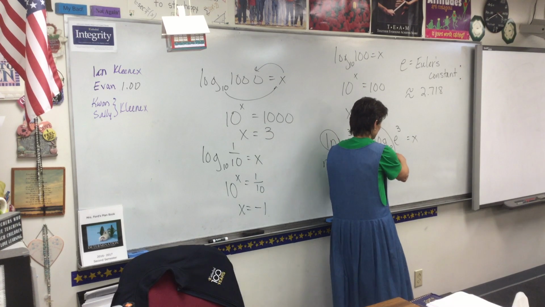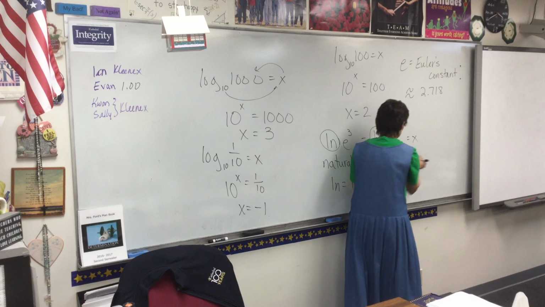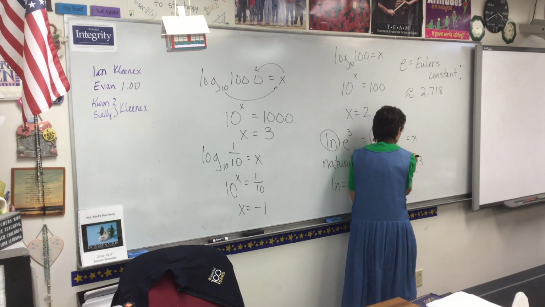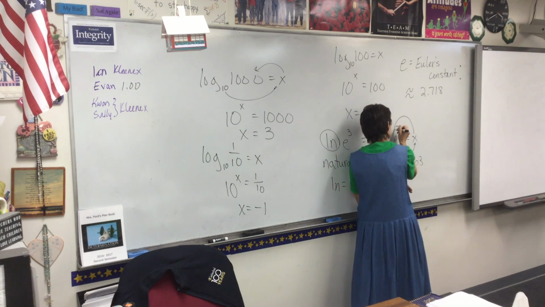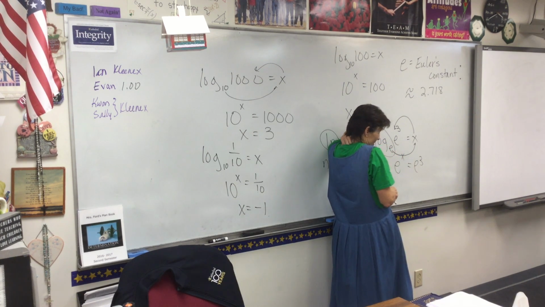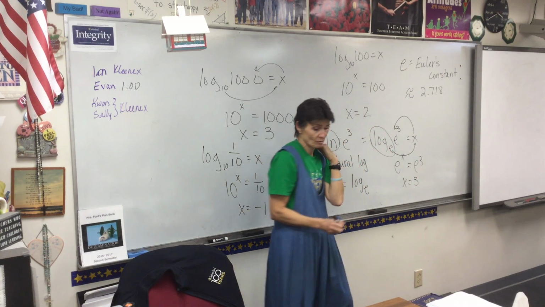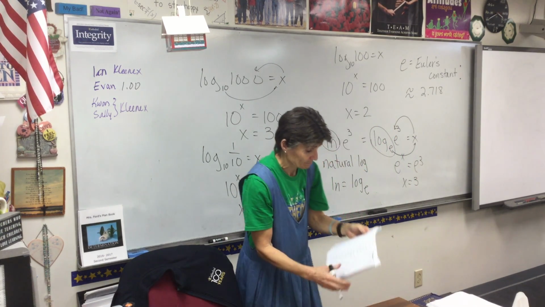This would say e to the x equals e cubed. Loop-de-loop. E to the x equals e cubed. Well, shoot. If e to the x equals e cubed, x must be 3. So the answer to that problem is 3.